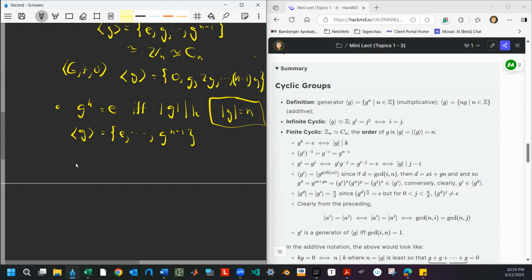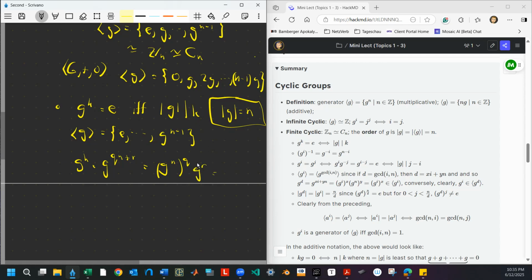And so what we have here is this. We would have g^k is equal to g^(qn+r). We have a remainder theorem, right? And so this is equal to (g^n)^q g^r, right?